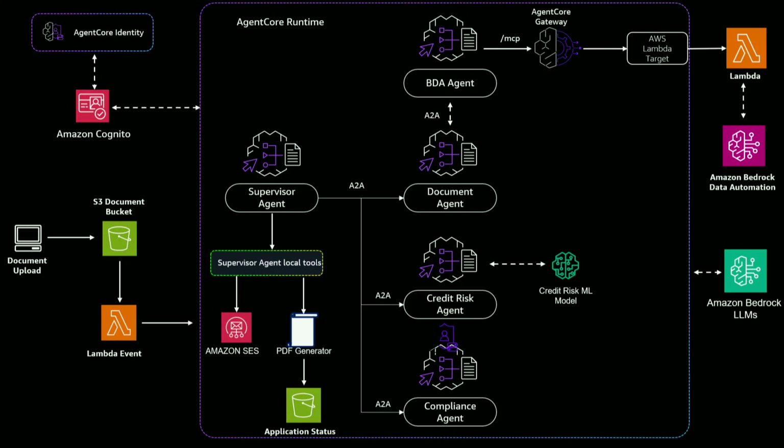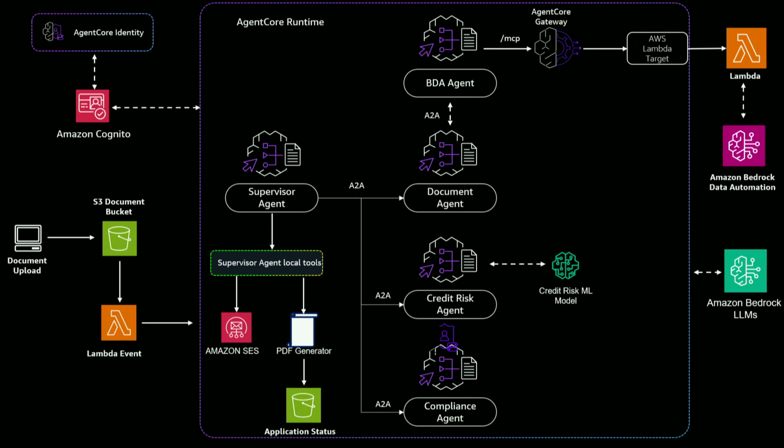On the left, you would see the document upload, where an applicant uploads all of the documents needed for processing the loan. As soon as those documents are uploaded, they land on an S3 bucket. Once they land on an S3 bucket, a Lambda event fires off and then calls what we call the supervisor agent.